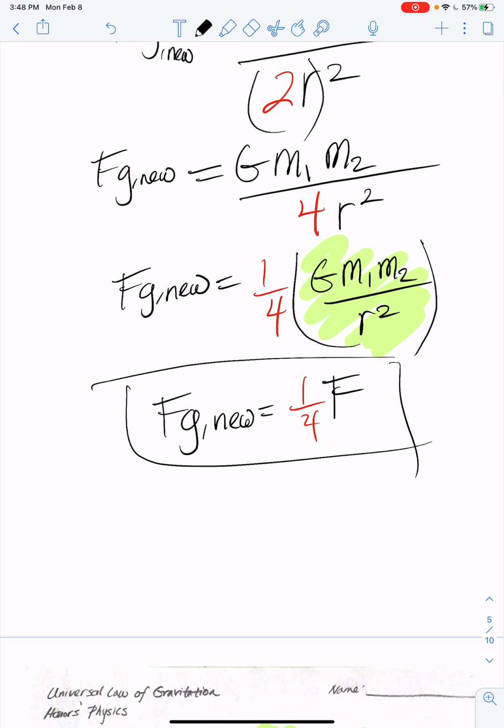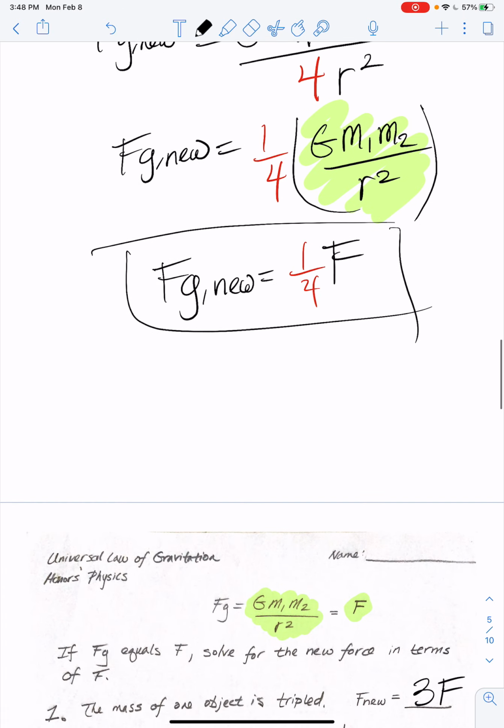So this is what happens if you double the distance. If you were to take a planet and move it twice as far from the sun, then the force of gravity would be 4 times as weak. This is what we mean by the inverse square law. When we say F_G is proportional to 1 over r squared, it means if you double the distance, it doesn't get half as weak.